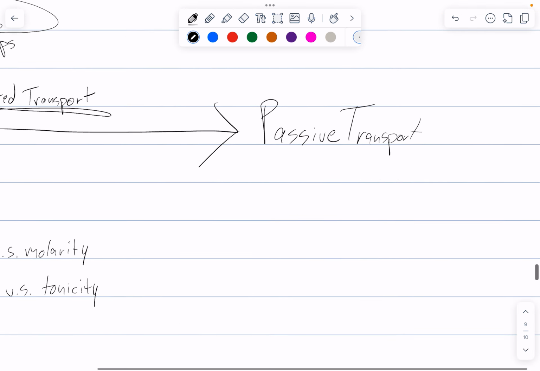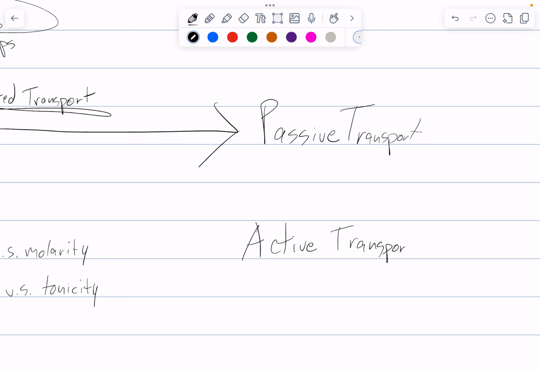And there's active transport. And with this passive transport, you've got facilitated diffusion and simple diffusion.